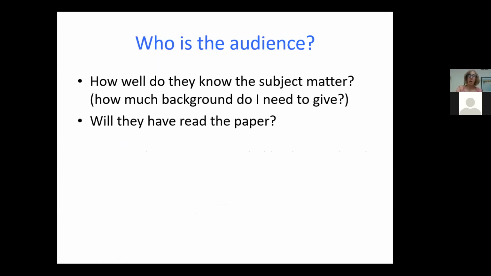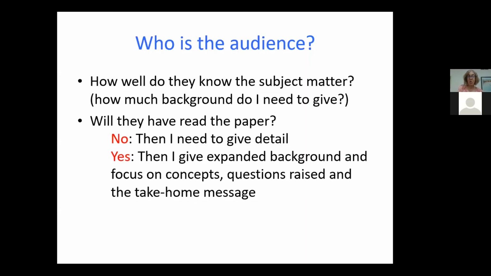In which case, if everybody's read the paper, everybody will have read the introduction or the background section. And so your job then is to delve more deeply into background that might be in other papers, sort of filling in the extras, as it were. So if they haven't read the paper, you need to give detail. If yes, you give the expanded background, and you focus on the concepts, the questions that have been raised, and the take-home message.